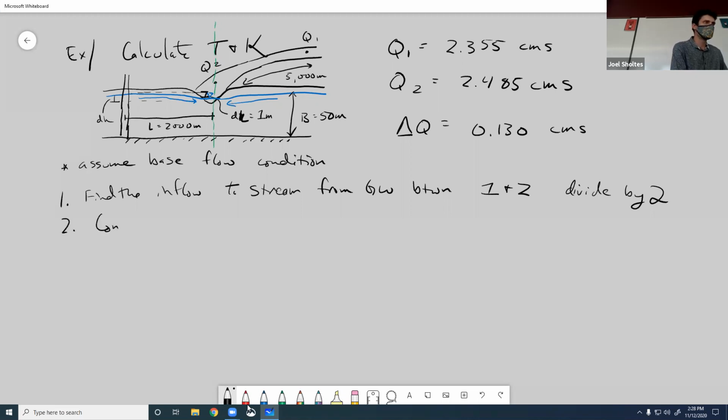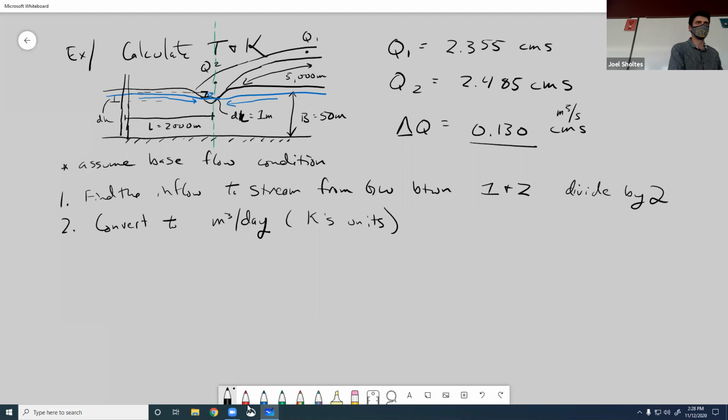Then we'll convert to cubic meters per day. This is the kind of the units of K. If we did it per second, it's going to be a really teeny tiny number. So let's go ahead and convert the cubic meters per second.